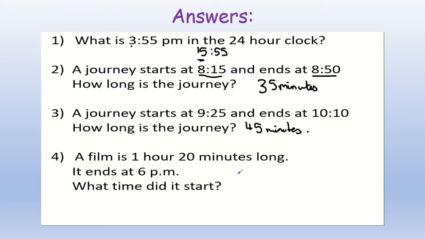A film is 1 hour and 20 minutes. If it ends at 6, what time did it start? So you need to subtract 1 hour and 20 minutes from 6 p.m., which would make it 4:40 p.m. How did you do with this?